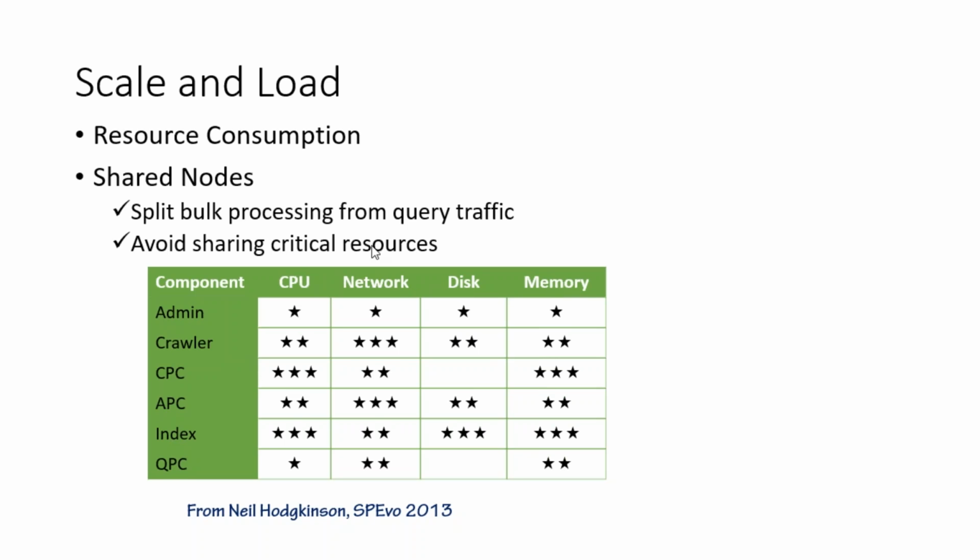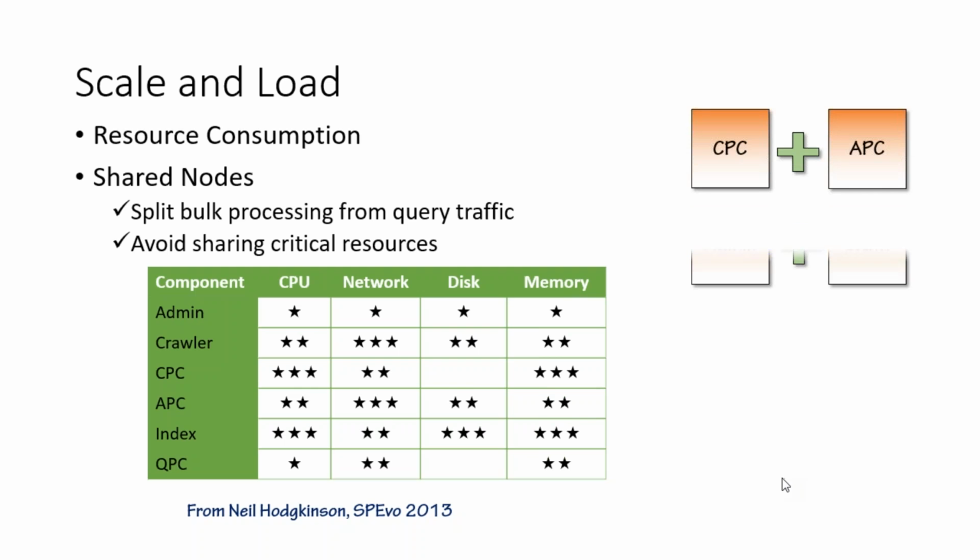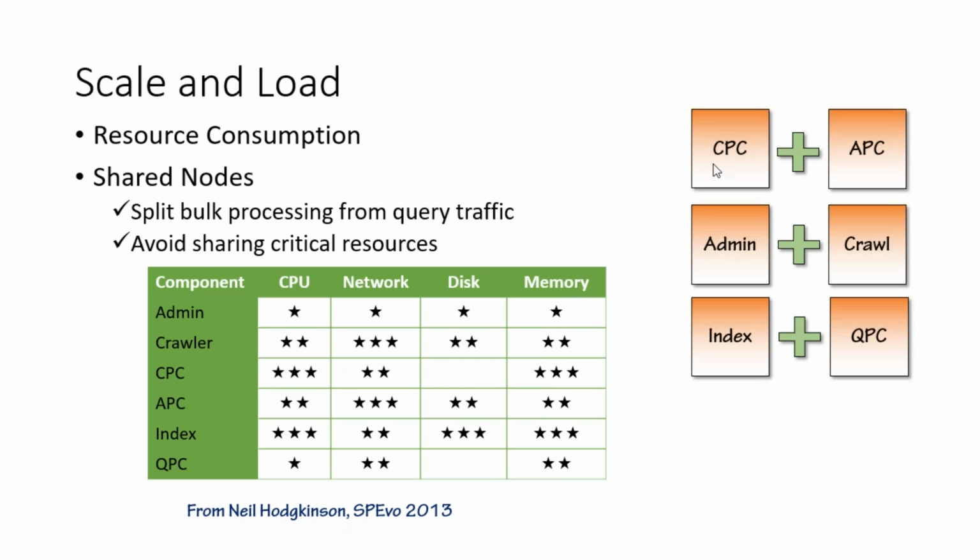Based on avoiding sharing critical resources and splitting the bulk processing, things like content processing, away from query traffic, he came up with the general recommendation of sharing content processing and analytics, admin and crawl, index and query. And if you notice when we built out our farm, that's exactly what we did.